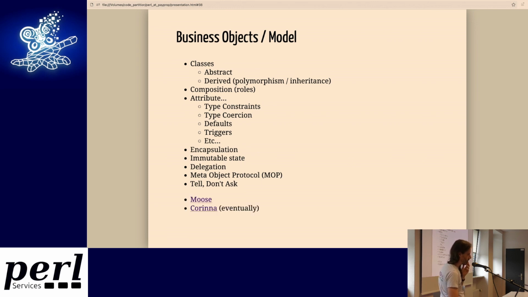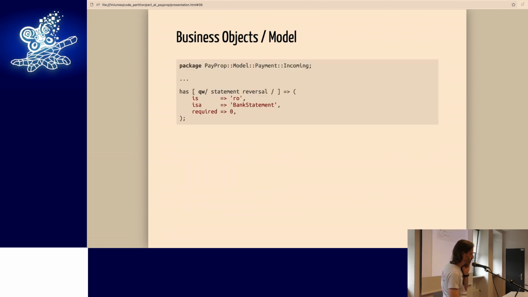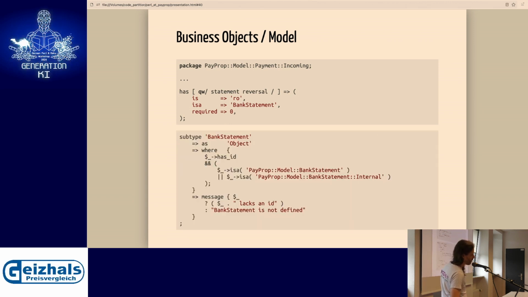We're using Moose, and eventually we may use Corinna, which was added in 5.38. Obviously, they're iterating on that now, so it's changing a little bit, but again they're taking it slowly and getting it right. And just to give an example of how we might use this in our backend, we describe an incoming payment as an object, which has a bank statement attribute, which is also another object, and we can use type constraints to say that the bank statement object must be of a bank statement type, and it has to have an ID, and so on and so forth.